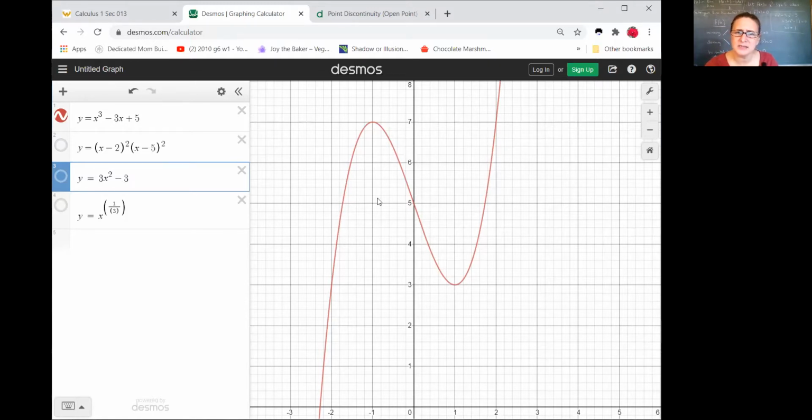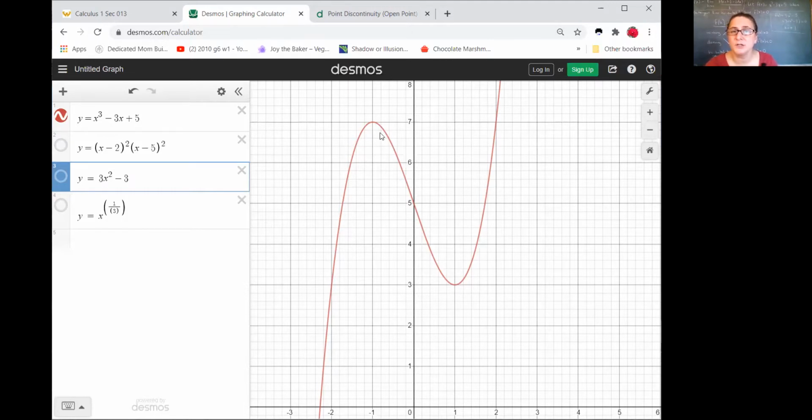On the left-hand side here, my function is increasing, and then it decreases from -1 to 1, and then it increases again, right? So if my function is increasing, that means that my derivative has to be above the axis.